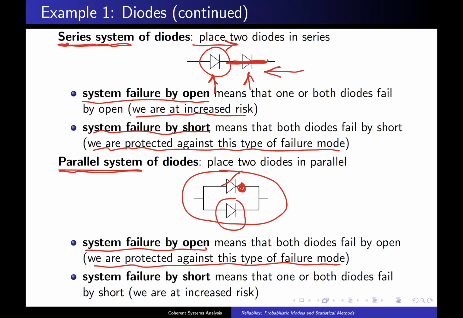On the other hand, if one of these diodes fails by short, let's say this one right here shorts out, now what we have is current flowing with zero resistance in this direction and also in that direction, so only one of them needs to go out, and we are at increased risk of failure by short.